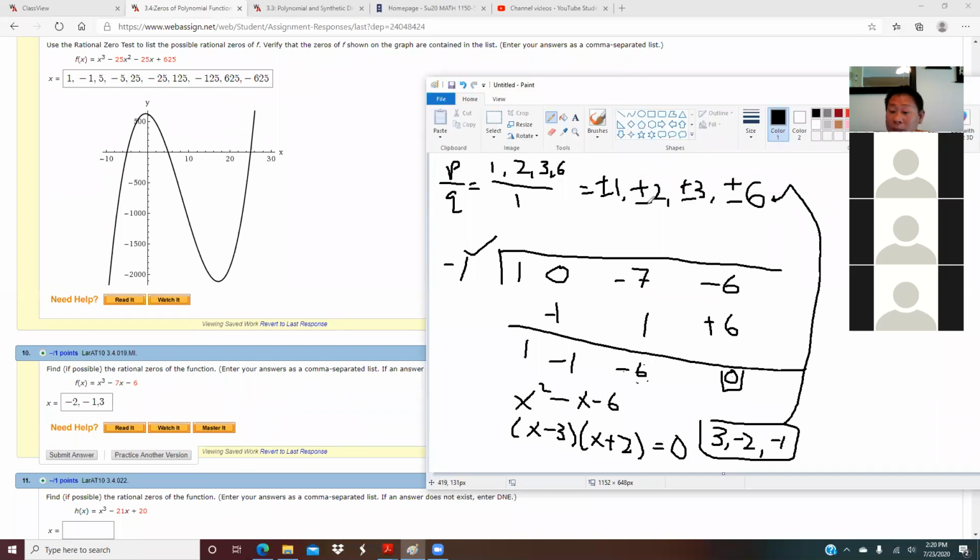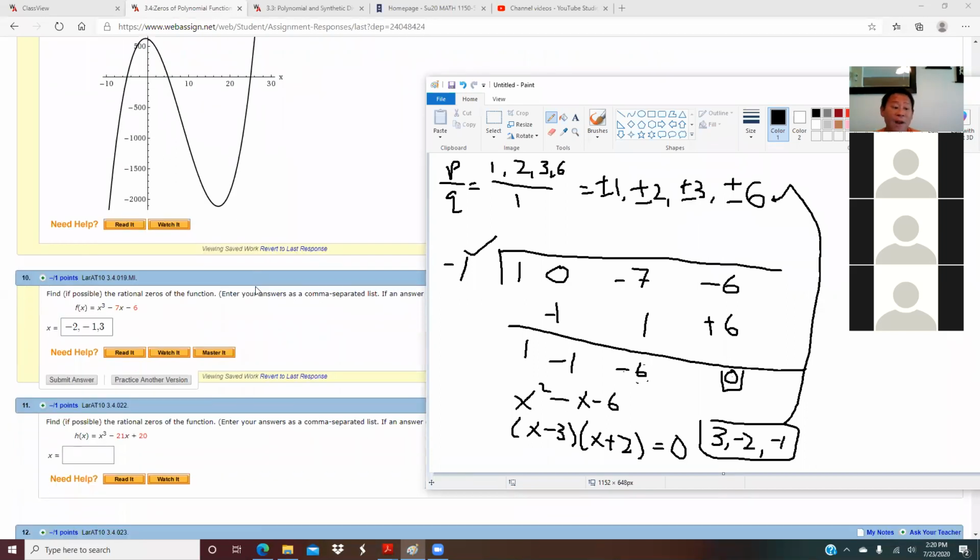We have negative 2, negative 1, and 3. That means you can try with negative 1, or negative 2, or 3, and you still get 0. So this is how we find the rational zeros for this kind of question.